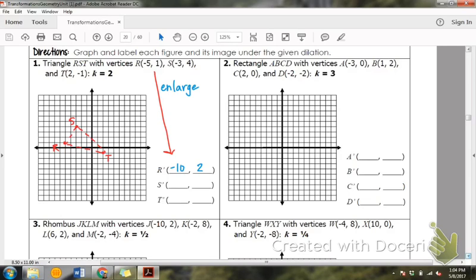Okay, then negative 3, 4 is going to turn into what, Ashley? What is negative 3, 4 going to turn into? Negative 6, 8. So I took the original S values and I multiplied each of them by 2. Okay, what about T, Monique? What's going to be the T prime value?